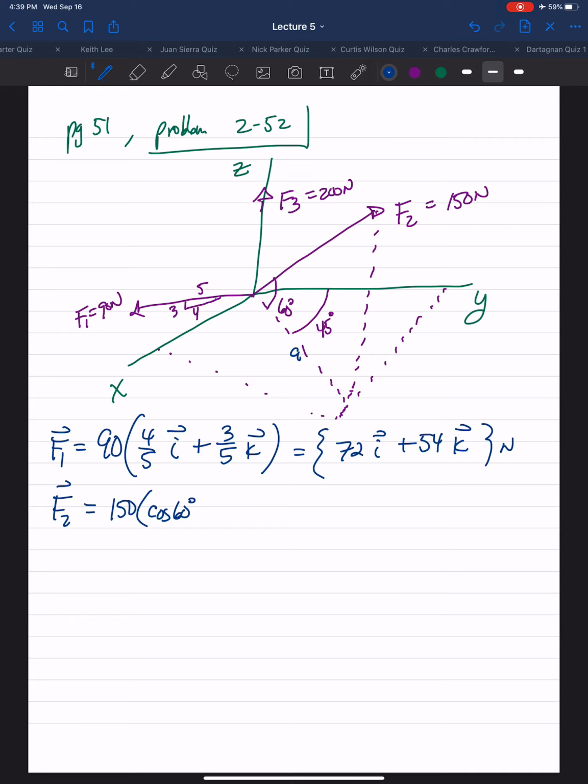And to get the X component, the I direction, that would then be the B leg of the 45-degree triangle, which would be sine 45 degrees. And the sense of F2 extends in the positive Y direction, so it's plus. So once again, cosine 60 degrees to get us in the XY plane. But here it would be cosine of 45 degrees to get us on the Y.